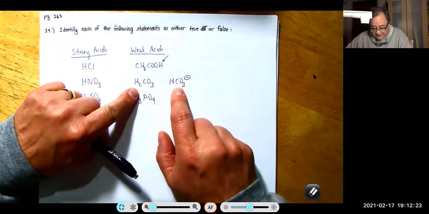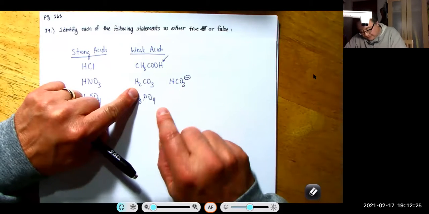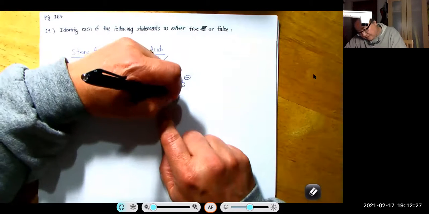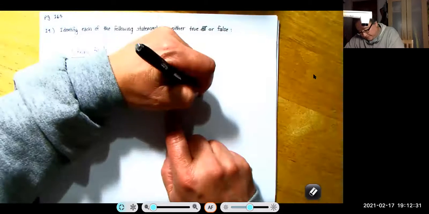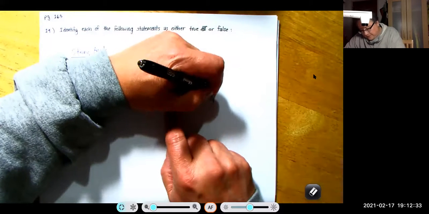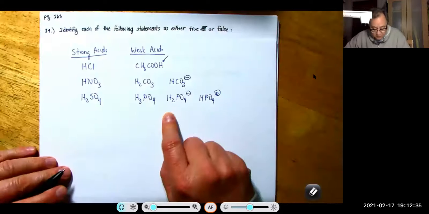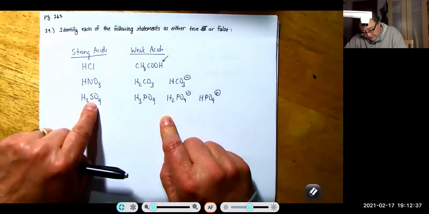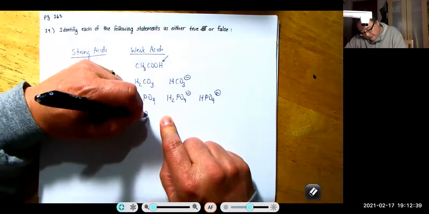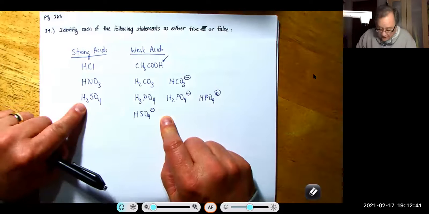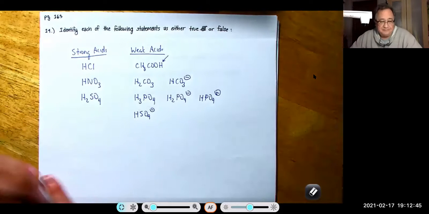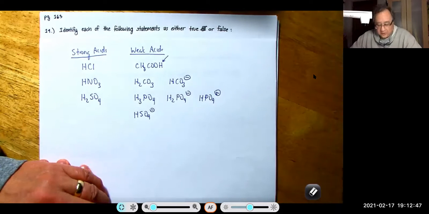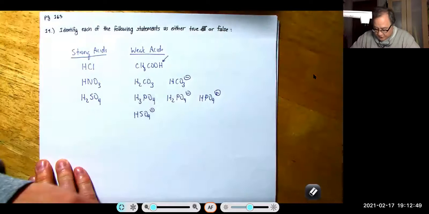This is a weak acid. That's a weak acid. And that's a weak acid. Furthermore, this guy here, if it gives up its first H plus, after that, this is a weak acid. So these are examples of weak acids that you should be aware of.